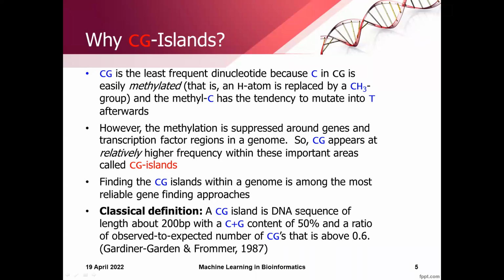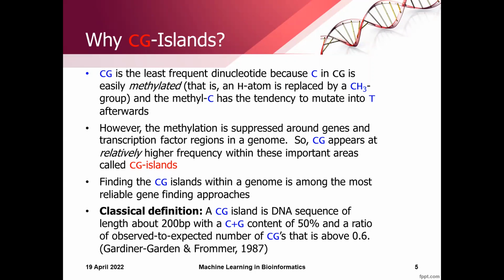A CG island in DNA is a sequence of length about 200 base pairs with C plus G content of 50% and a ratio of observed to expected number of CGs that is above 0.6. Such a definition is very rough for me.